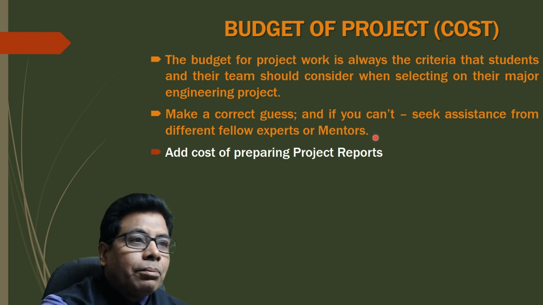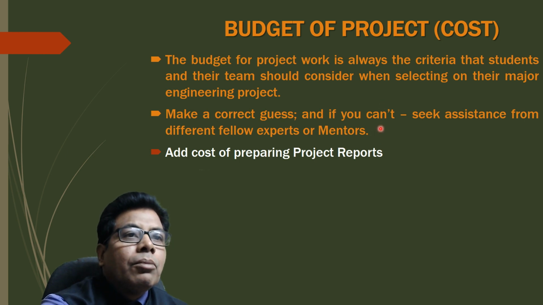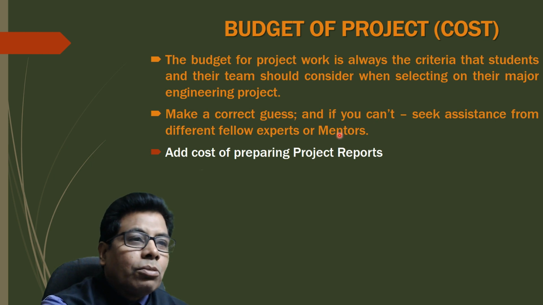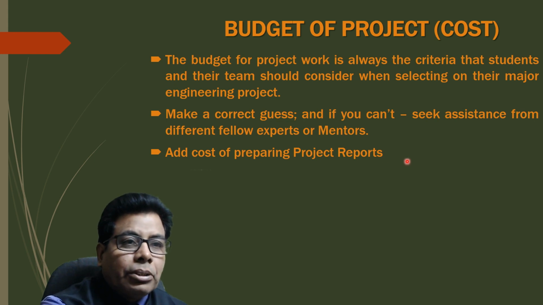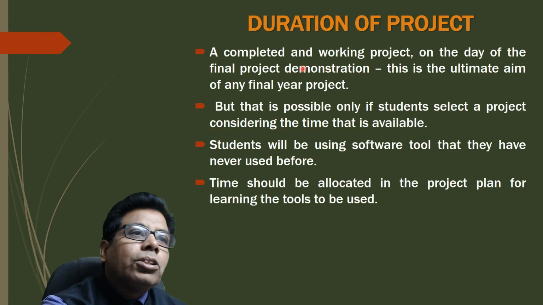So this is very important, because if you are going for an innovative idea and a project which is very costly, out of budget, then it will not be possible. So also add the cost of preparing project reports to the total cost of the project. Then duration of the project.